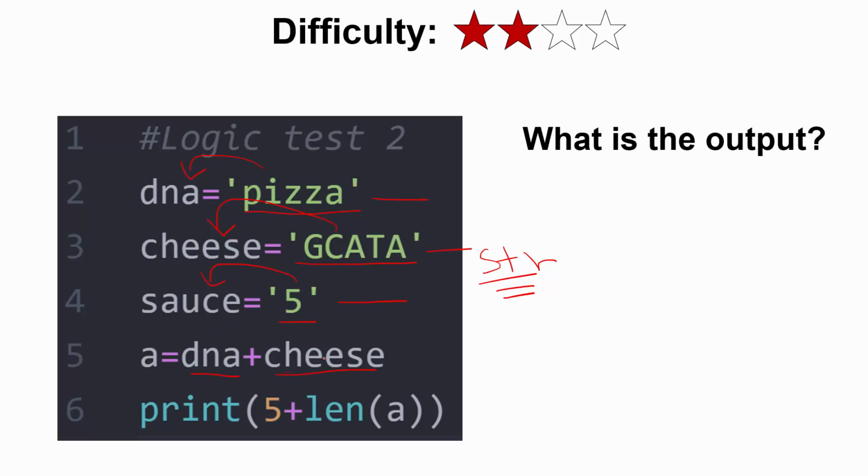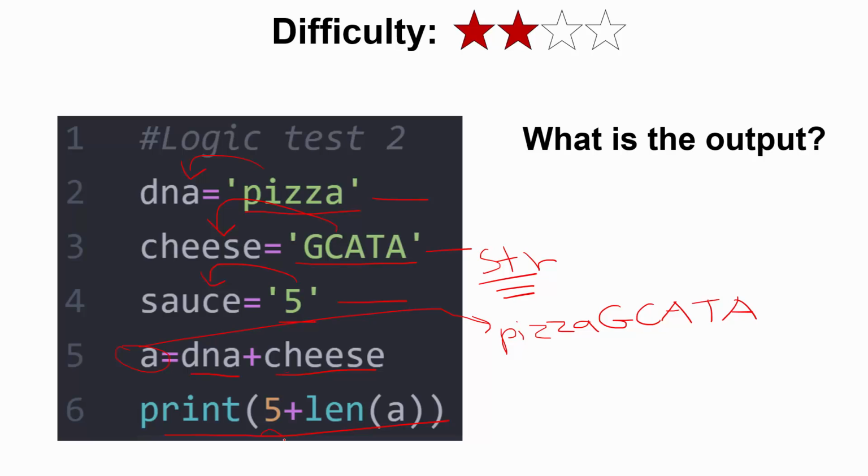DNA has pizza, cheese has GCATA, which is again a nucleotide sequence. And so we are going to concatenate them. So a would have pizza and GCATA concatenated together.